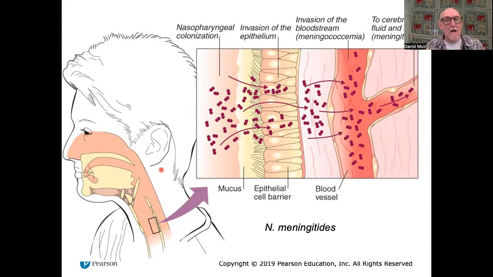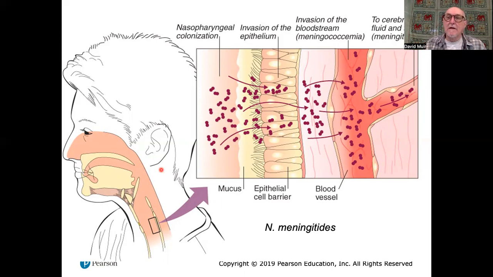But for reasons which are not entirely clear, a situation can arise where, rather like Neisseria gonorrhoeae, it begins to infect the cells of the respiratory tract as a pathogen, not as a harmless symbiont, but as an actual pathogen, and begins to move, as Neisseria gonorrhoeae does, between cells, invades the epithelium and passes into the bloodstream, and is particularly dangerous when that then gets carried to the nervous system.